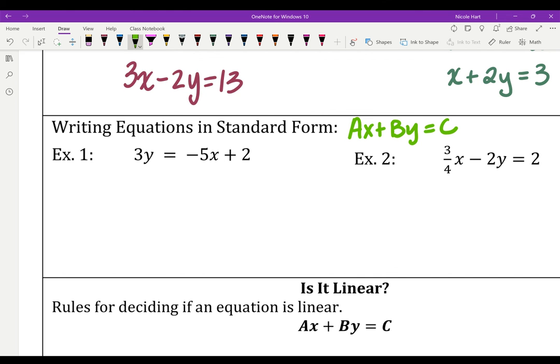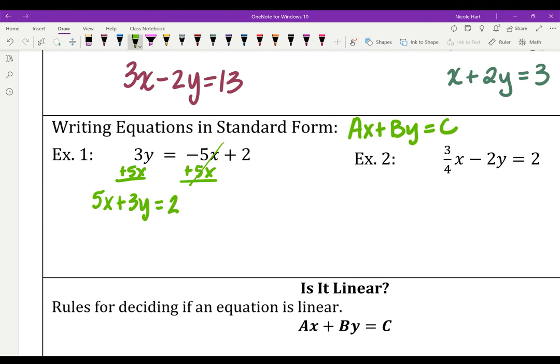Well, I want to move that 5x to the other side, so I'm going to add 5x on both sides. On the right-hand side, those 5x's cancel out. On the left-hand side, if we again reference our standard form, it says ax plus by, so I'm going to put 5x plus 3y equals 2.